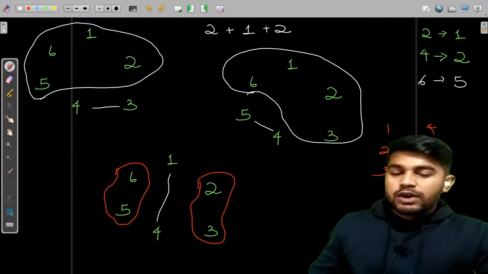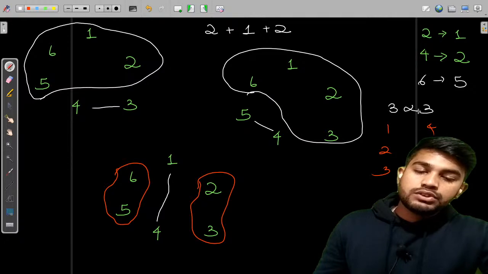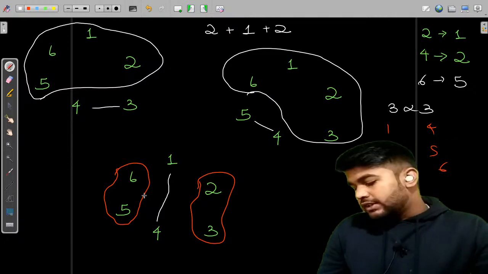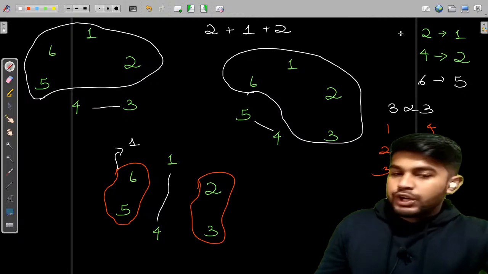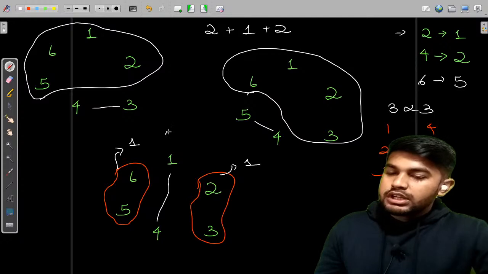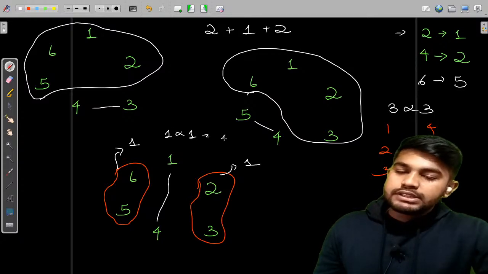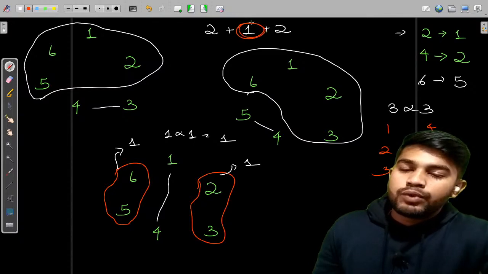So this is how I can tell that the number of matching pairs is 3 into 3, and the same thing goes for this side also. For 2, the number of pairs is 1, because we already know that, and for this 2 also the number of pairs is 1 only. So 1 multiplied by 1 is equal to 1 only. That is why we are adding the term 1 to it.